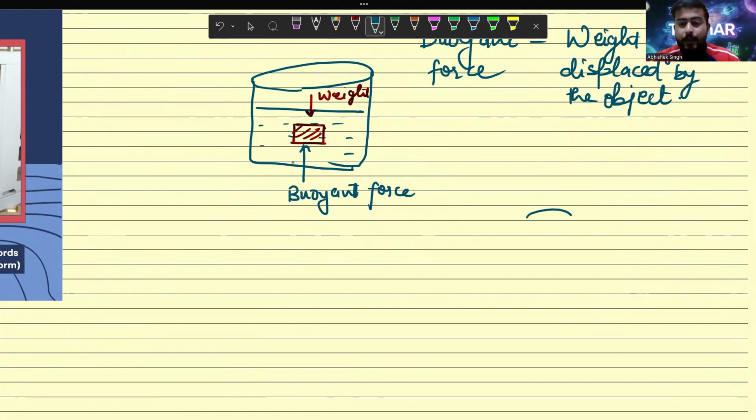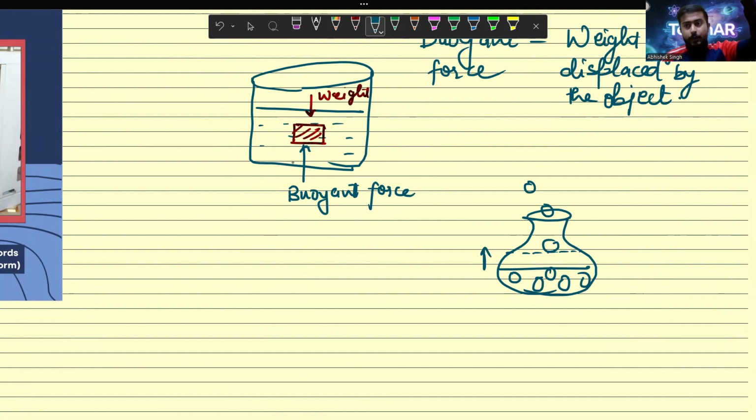He was very thirsty, and the level of water was low. So he added some stones, and due to adding stones, the water level went up. The rocks go down and displace the water. Displace means remove the water from that place.